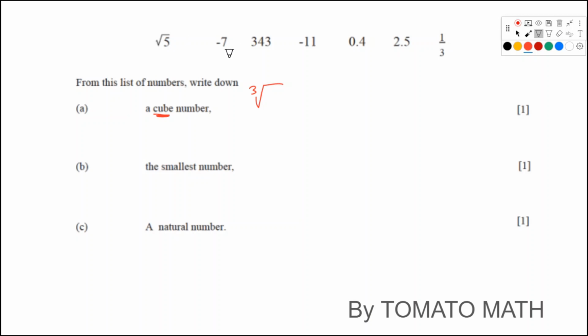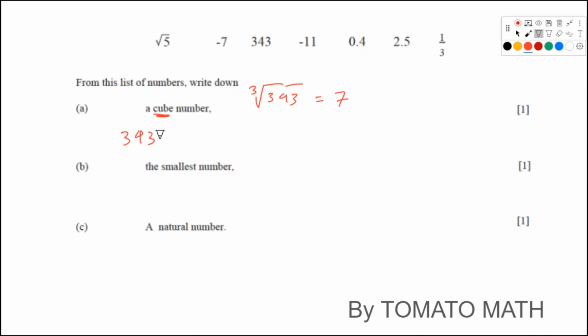And this, let's take the cube root of 7, which is 1.91. So this is wrong. Cube root of 343, yes, this is 7. So I inputted 343, we get 7. So 343 is a cube number.